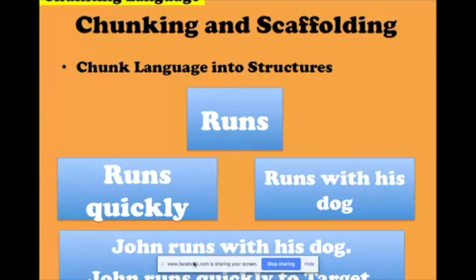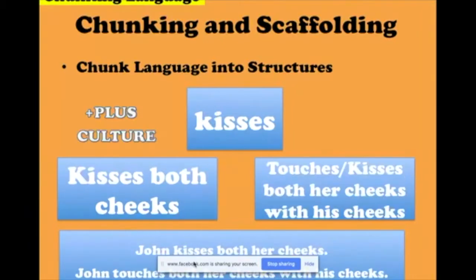So I am saying chunking language is going to be a really nice way to keep it simple for students. And then you're able to think in these 4 different modes. This one is adding a little bit of culture. So kisses both cheeks. That's my word pair. I know it's not a pair.